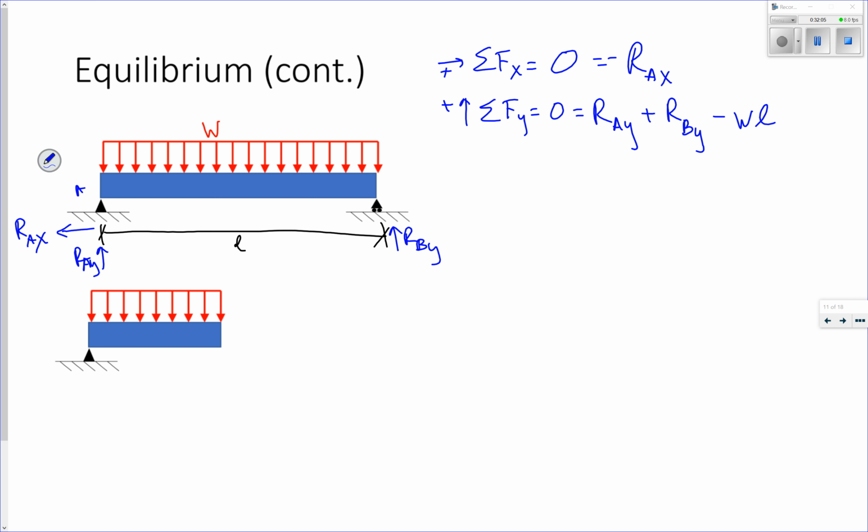If I look at the moments, let's say I take the moment about A, counterclockwise is positive. I want my moments about A equal to 0.